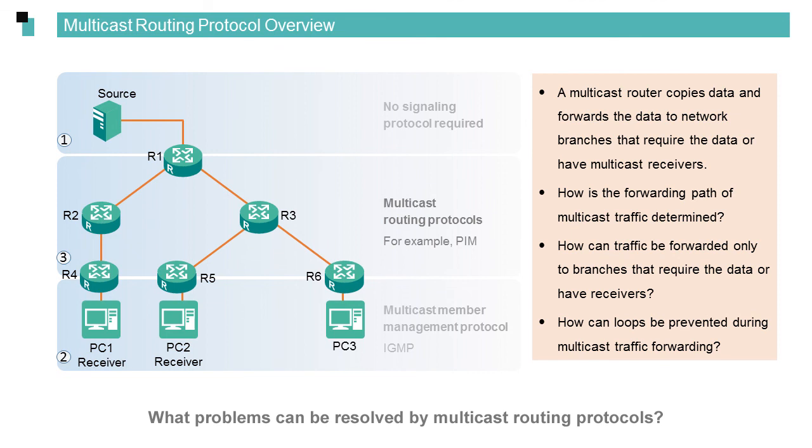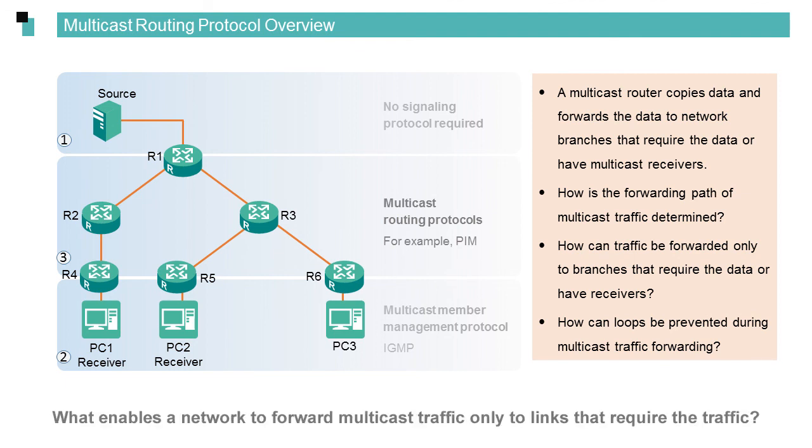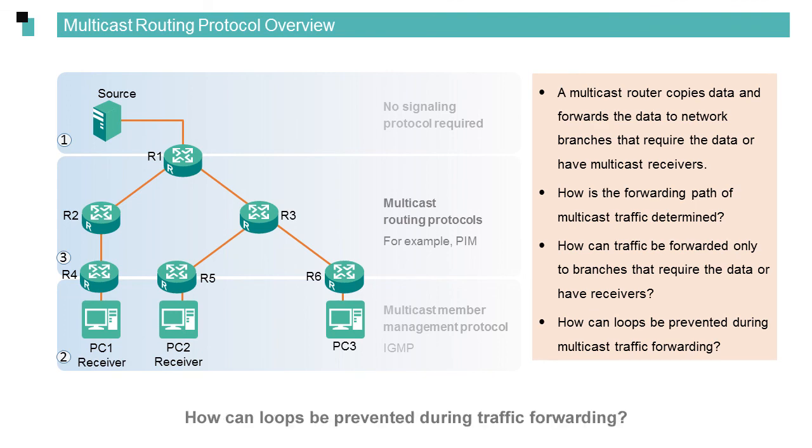What problems can be resolved by multicast routing protocols? How does a first-hop router forward a received route? What enables a network to forward multicast traffic only to links that require the traffic? How can loops be prevented during traffic forwarding?